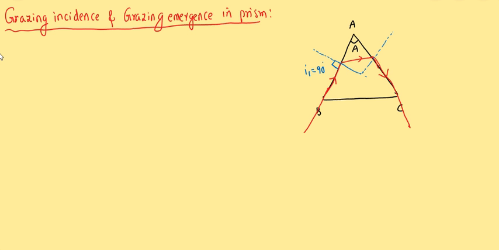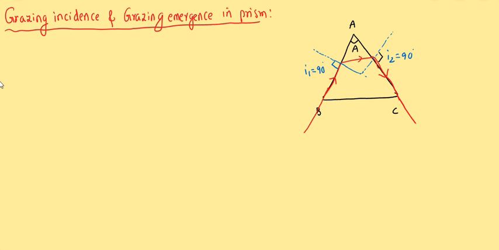That means the light ray is going along the surface after the refraction. This is the grazing emergence. Now this emergent light ray makes 90 degrees with the normal, that's why the angle of emergence is also 90 degrees.